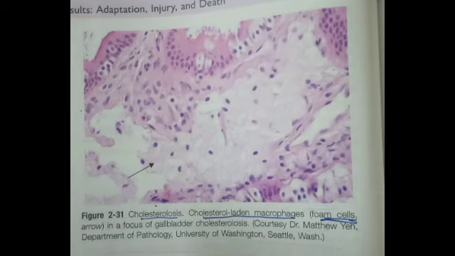Why is there cell injury and cell death in glycogen storage disease? Because of the defects in either synthesis or breakdown of glycogen.